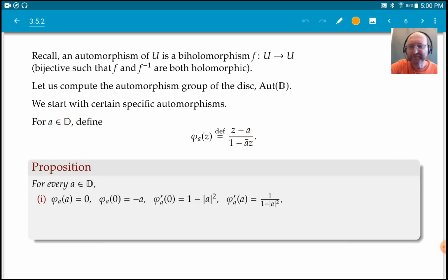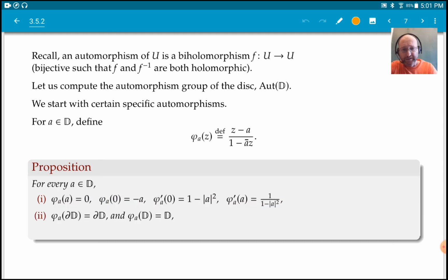And well, let's make this into a proposition. So this guy is an LFT that takes A to 0 and takes 0 to minus A. Those are totally trivial. Slightly less trivial, but still trivial: let's compute the derivative. You can look at what the derivative is at 0 and at A. These formulas are sometimes useful.